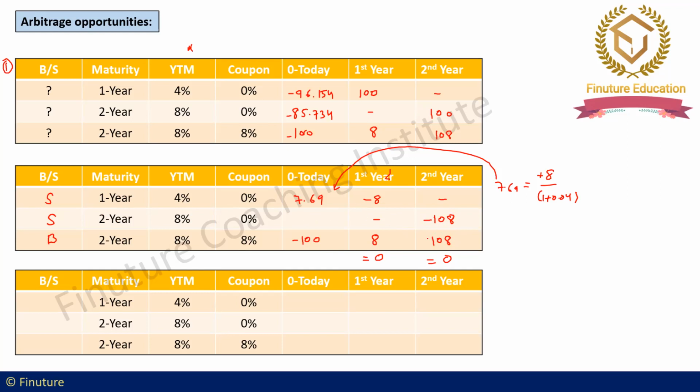In a similar way to how we discounted 8 at 4%, this 108 would be discounted at 8%. So let's discount 108 at 8%, and very important to note, it would be power to the 2. Let me just calculate quickly for you.